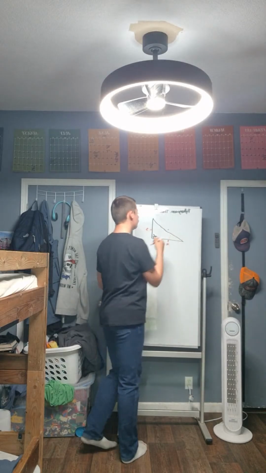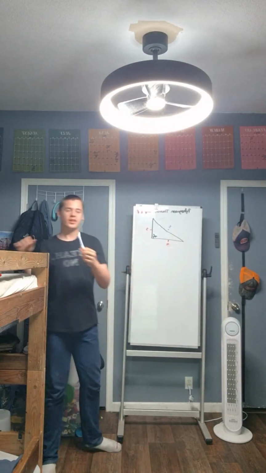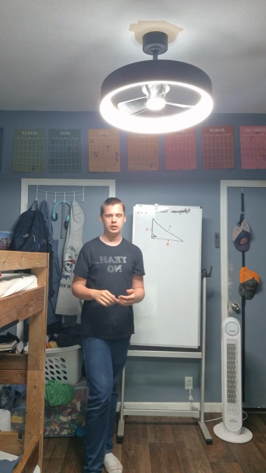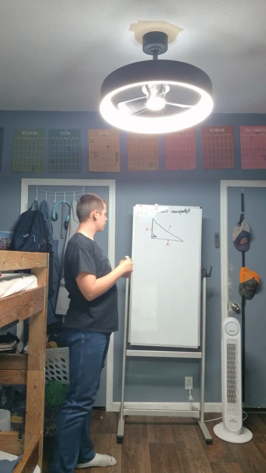And the hypotenuse is 5, right? Well, we need to figure out something. They all have a square number of it.